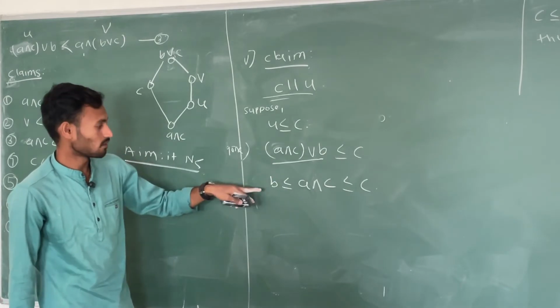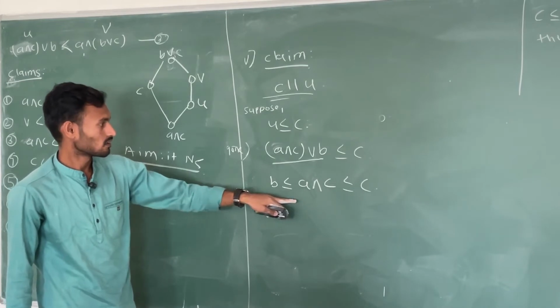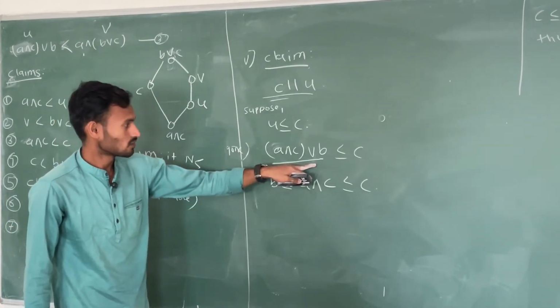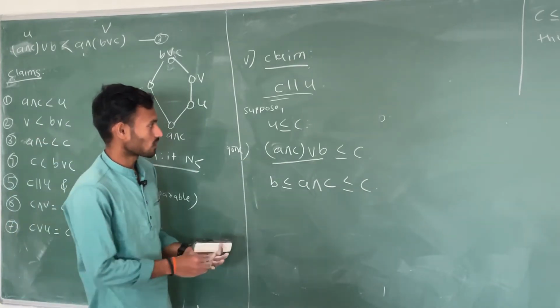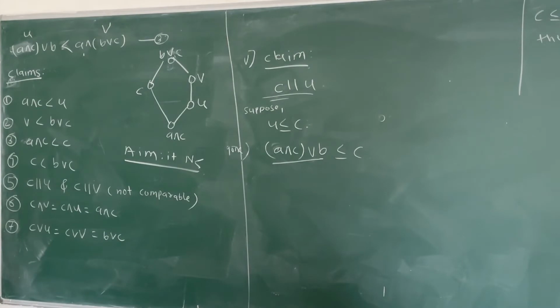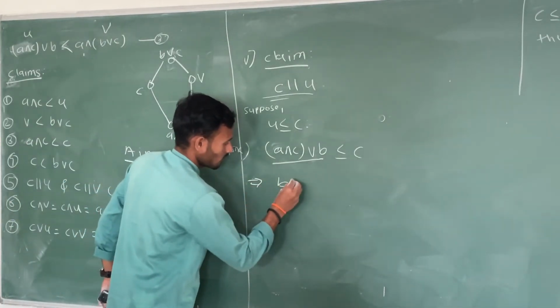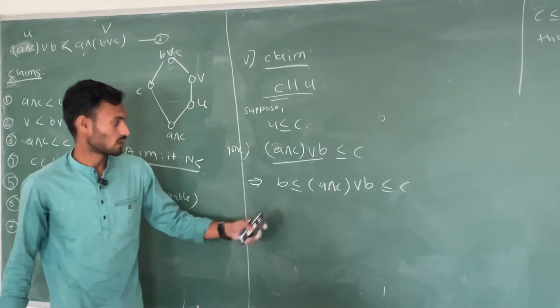Join, right, so B will be smaller than this. But why is B less than or equal to A meet C? We know B is less than or equal to A, right? What do you want to prove? B is less than... Now we can write.